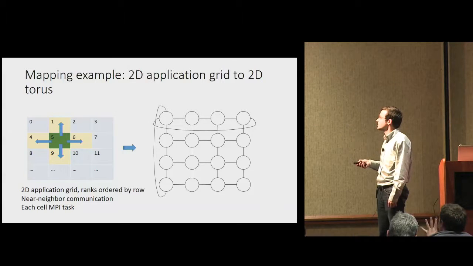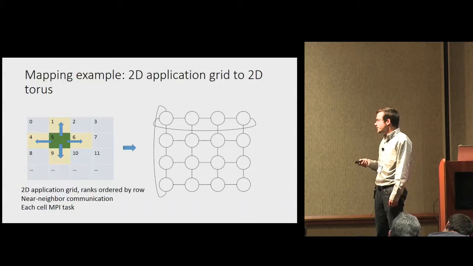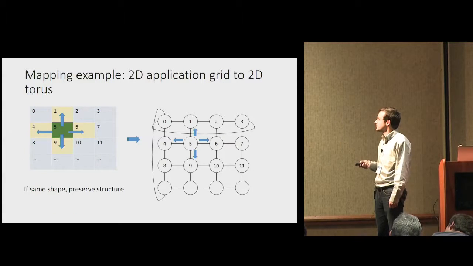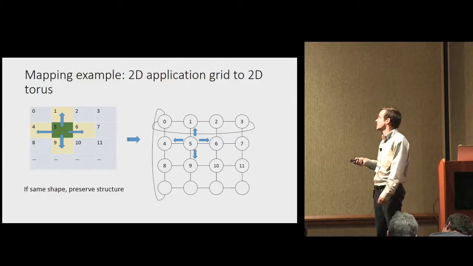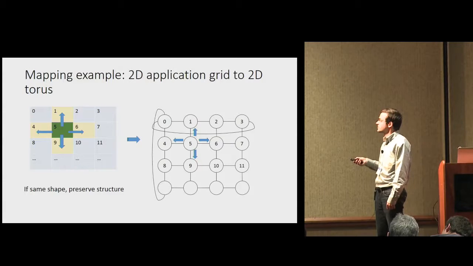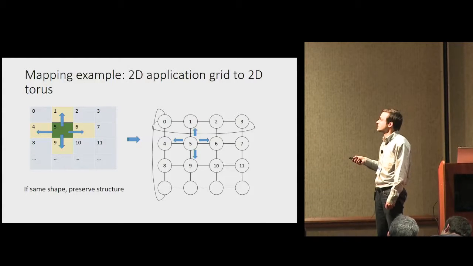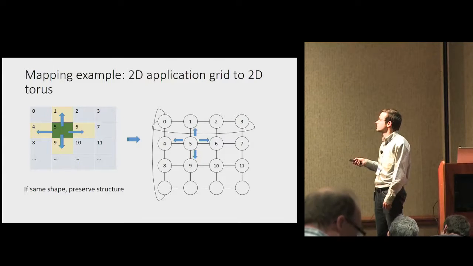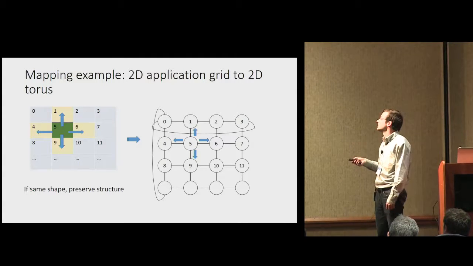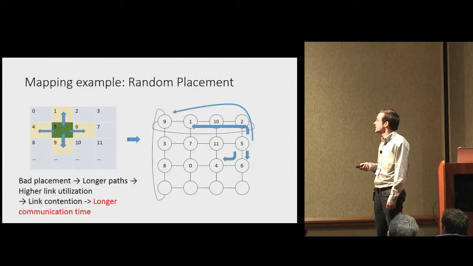Then you have a 2D torus, and you want to map this grid to the torus. If the shape is the same, then obviously you want to preserve the structure so that each task only sends to the nodes which are nearby. Each task only uses 4 links for communication, right?